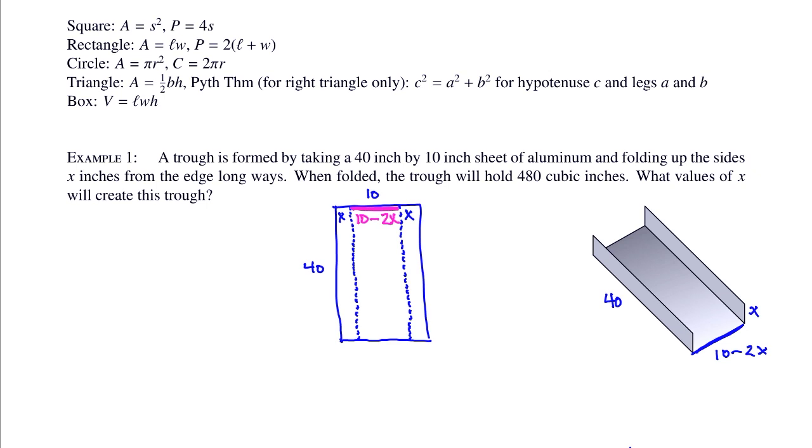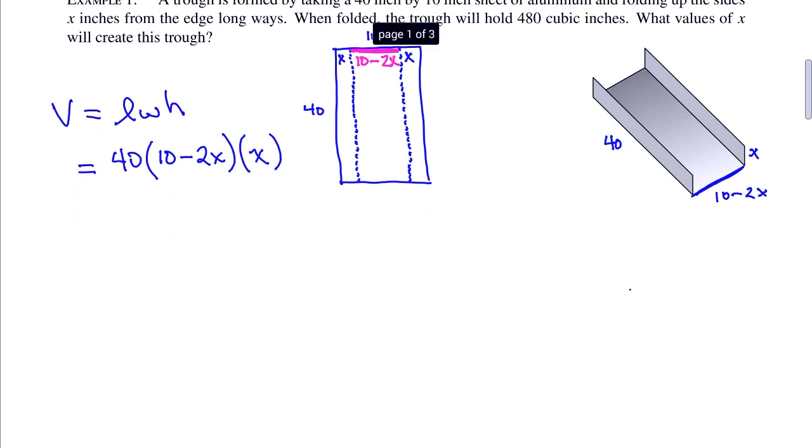So using the formula from above, the one that you know for the volume of a box, volume is length times width times height. If I plug in some of the values that we know, the length is 40, the width is 10 minus 2x, and the height is x. Let's simplify this.